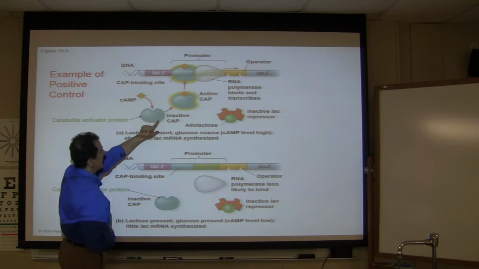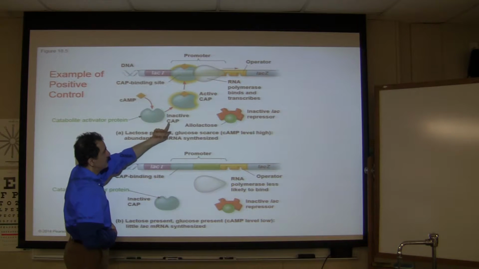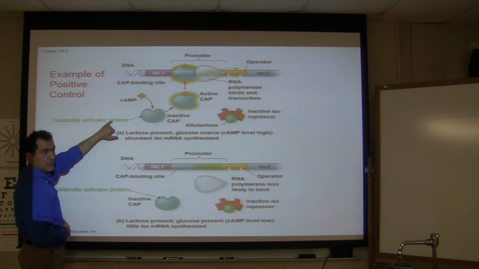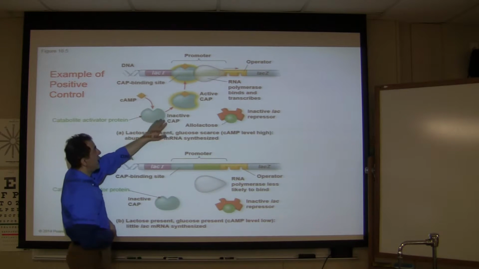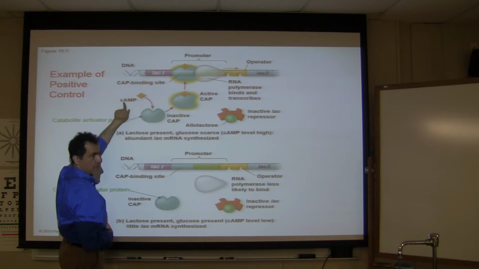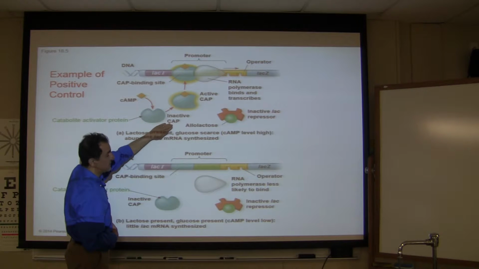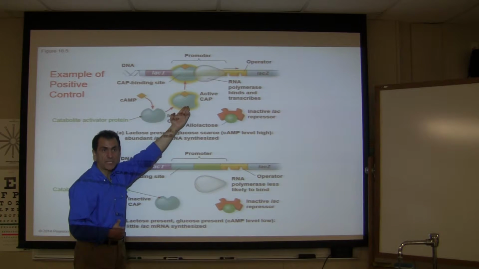So you have the inactive CAP, and what does CAP stand for? Catabolite activator protein. Okay, so the cyclic AMP attaches to inactive CAP, and of course it becomes active.